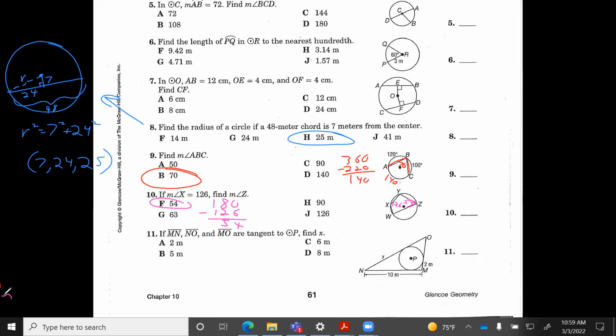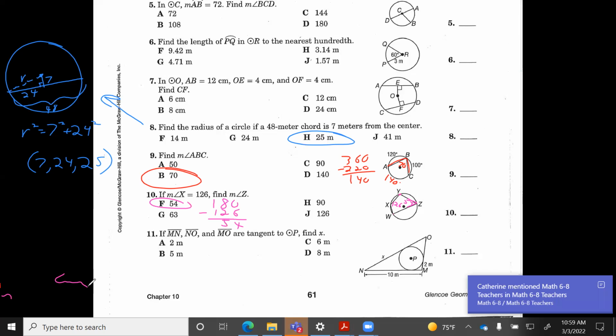So that was one of our properties. The reason why that works is a full circle is 360 degrees, right? Anytime you have a quadrilateral in a circle, the two opposite angles, they meet at two common points, right? So on this example, Y and W, they share those points in common. This angle is intercepting this arc. This angle is intercepting that entire other arc. So together, they're intercepting 360 degrees.